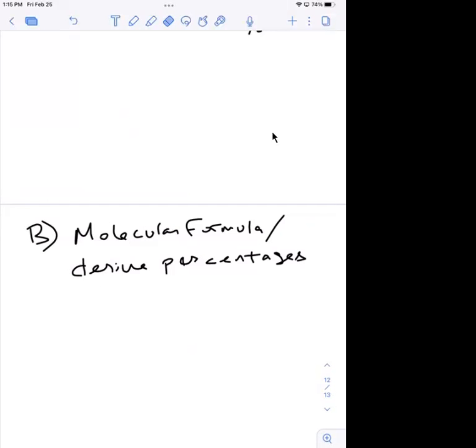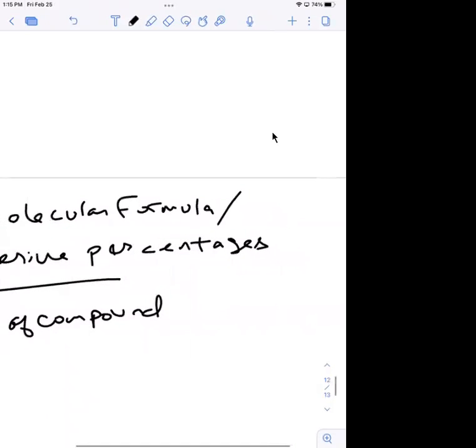What we need in this case is the molecular weight, which is the whole. We're definitely going to need that. Always need the whole.